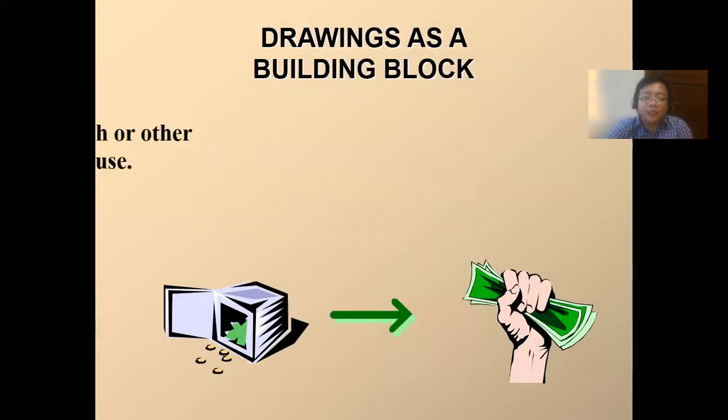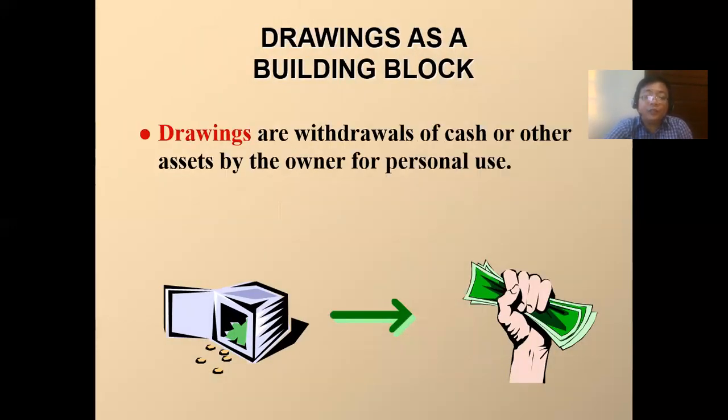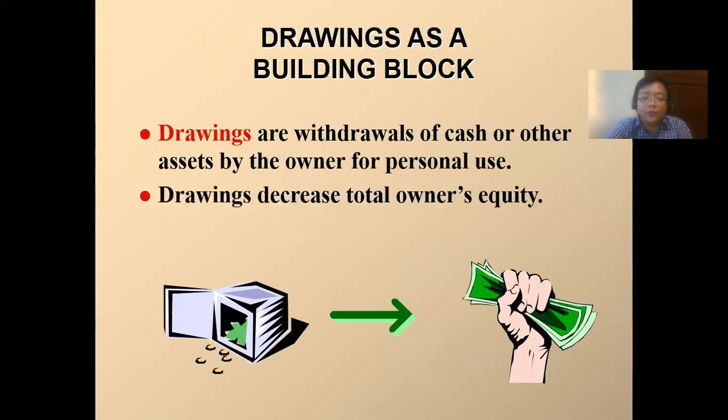Drawings are the withdrawals of cash or other assets by the owner for personal use. Drawings will decrease your total owner's equity. Investment will increase your owner's equity, while drawing will decrease it. It is common sense, because you withdraw cash from your investment, that's why it is deducted.